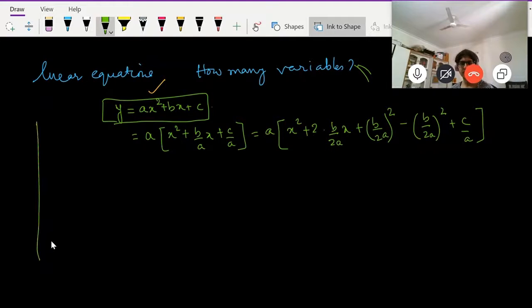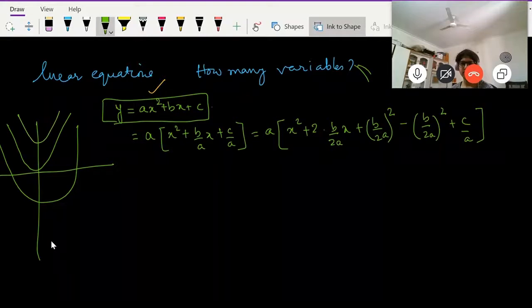Which means whether this graph will intersect the x-axis, or will it just touch the x-axis at some point, or will it be above the x-axis?